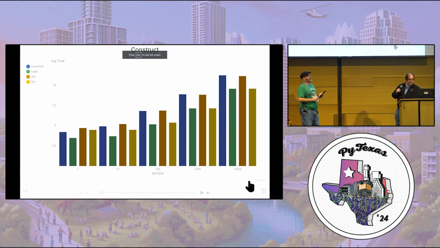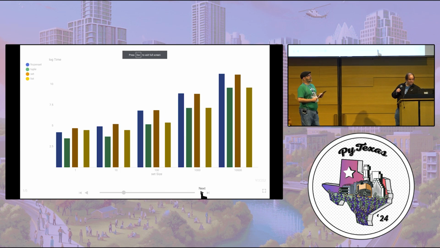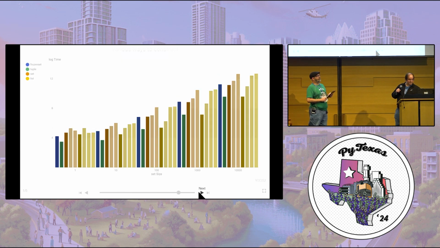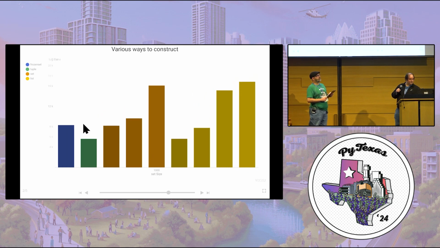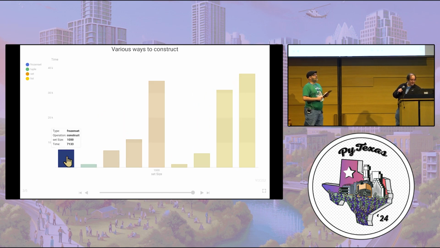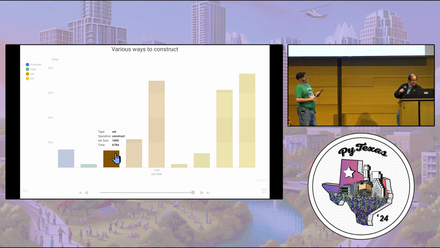Here it is, and zoom it in. So constructing the frozen set is 7,000 nanoseconds, and constructing the set is 6.7 thousand. So there is a slight difference there, but frozen sets are still good for building a snowman, but I had to let it go.